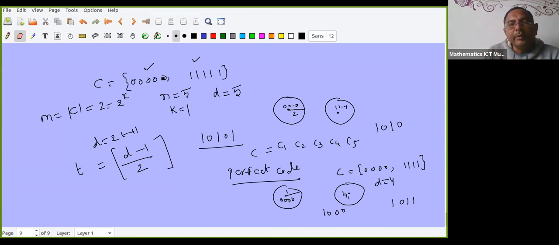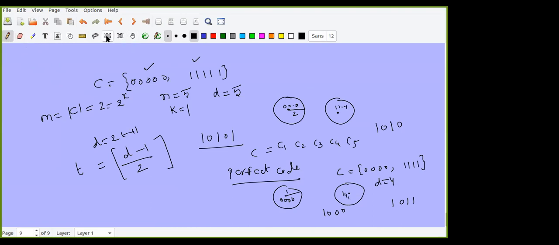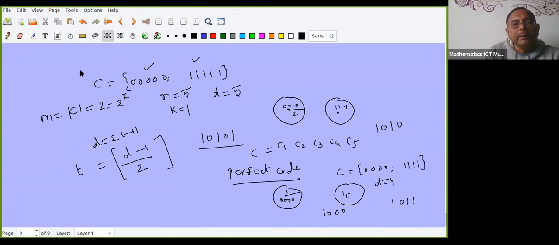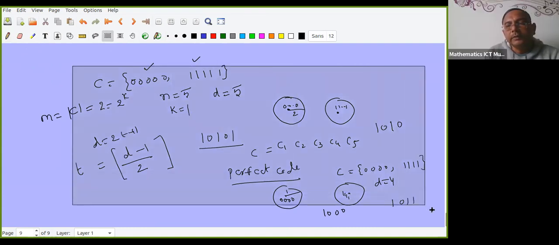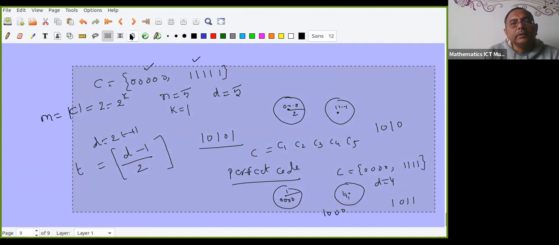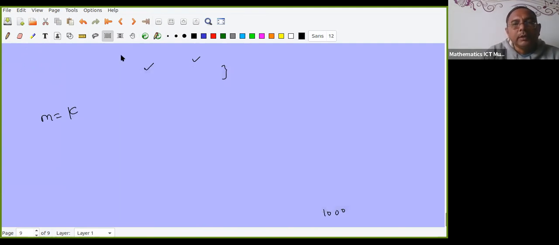Now, which repetition codes are perfect codes? Can you now say something? If n is odd, then it is a perfect code, right? Yes, if n is odd, it is a perfect code. So I'm removing all those.